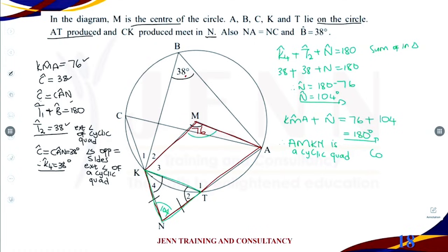Whenever you are supposed to prove a theorem, you use the converse, because there is no circle. You are now using an imaginary circle to prove that. So, by converse of opposite angles of a cyclic quad.